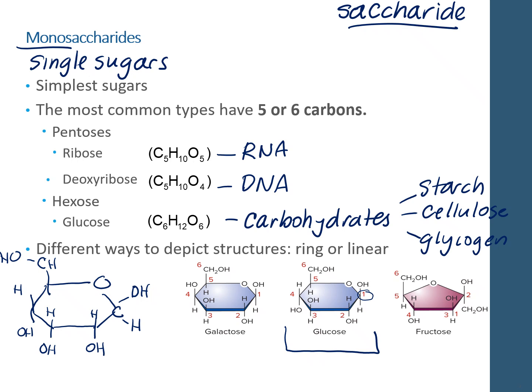I'm just going to point out that we can number our carbons, and that's to keep track of the carbons and to help us know which carbons are going to be involved in important bonds. They're always numbered starting from the oxygen and going clockwise. So our first carbon is the first one from the oxygen, second moving around clockwise, and so on. With the last one, the one that is a functional group, sticking up off the top.